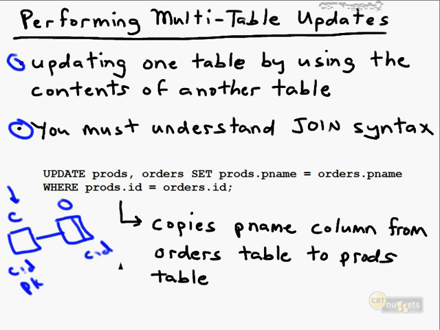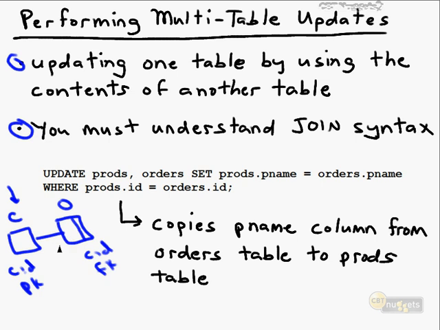And then depending upon our storage engine, if we were using a storage engine that supported foreign keys like InnoDB, we could add the foreign key constraint to really tie those two tables together. Therefore, in order to do a multi-table update, you have to have this matching column, this key column that's capable of joining the two tables together.